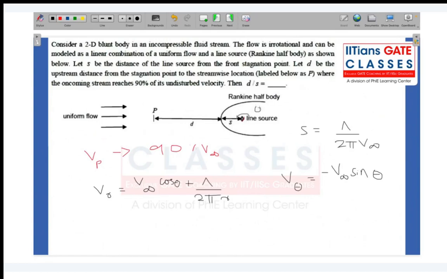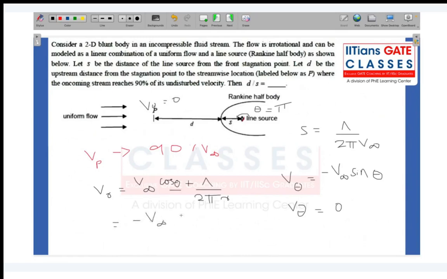Now, in the same pi direction, if I go to point P, we have to figure out what the velocities are. When theta equals pi, my V theta is 0 at point P. Now I need to figure out what V R is at point P. If I substitute theta equals pi, this gives me minus V infinity plus kappa by 2 pi r.